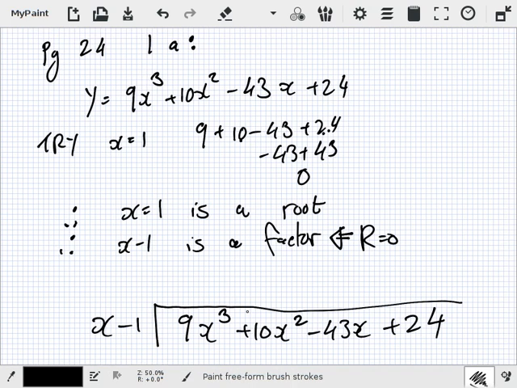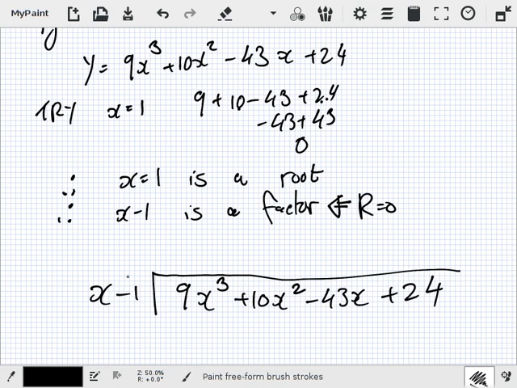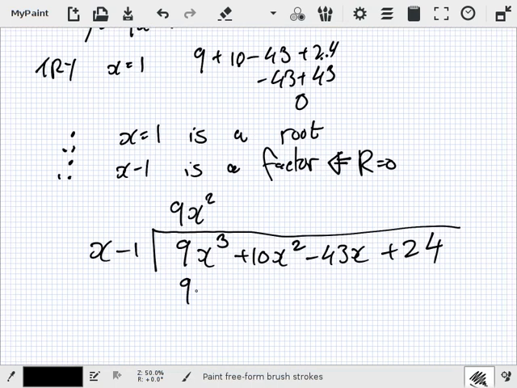Okay, so the first one will be what? 9x squared. And so, multiply, we get 9x cubed minus 9x squared.